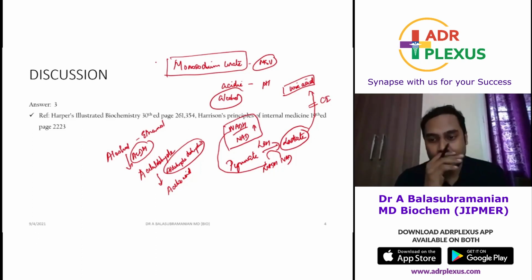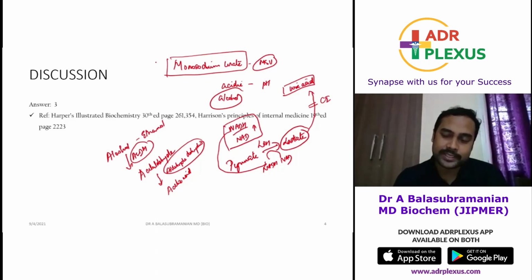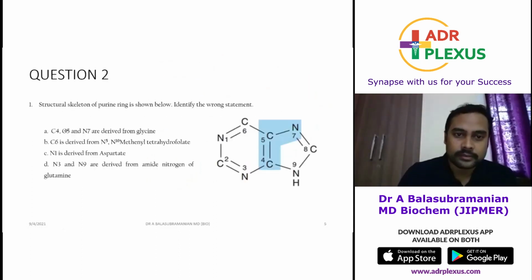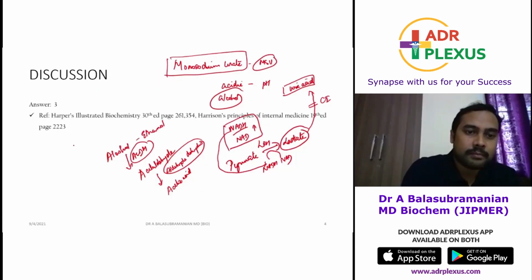Now, how can these monosodium urate crystals be identified? They can be identified by certain properties. Number one, they can be viewed only by a polarizing microscope. What is a polarizing microscope?